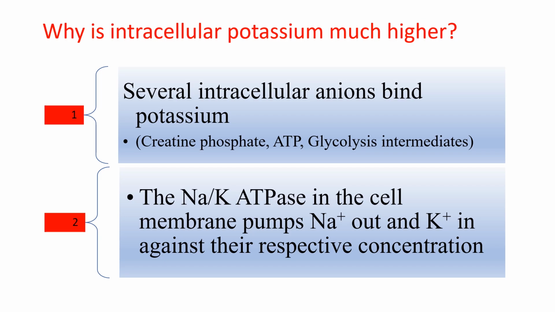The second reason is due to the effect of sodium potassium ATPase, which is present in almost all the cell membranes of all cells in the body. It actively pumps sodium out of the cell and pumps potassium into the cell in the reverse direction.